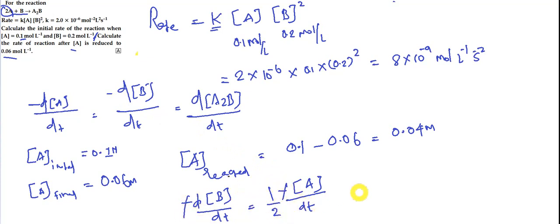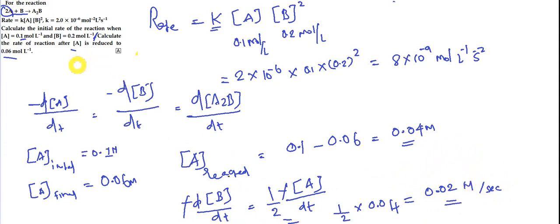So we can substitute here: 1 by 2 into the concentration of A we found out, 0.04, which is equal to 0.02 molar. That is, the concentration of B reacted has been found out as 0.02 molar.